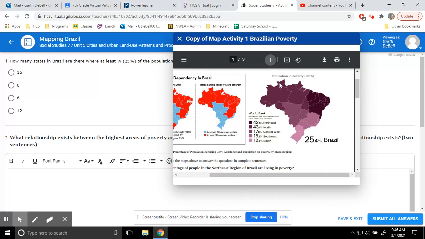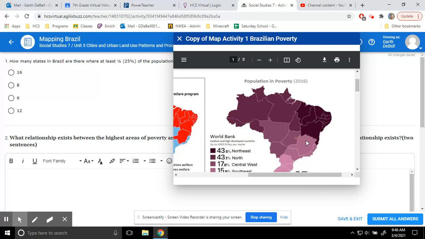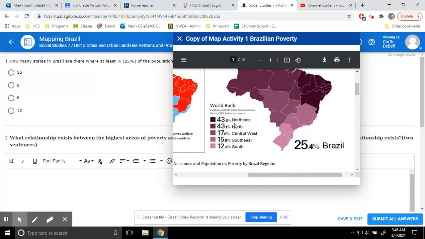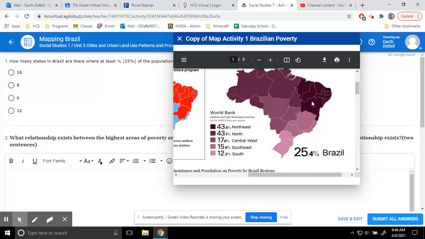And then here you have population in poverty, 2016. So you have the percent. Let me zoom in on this so we can read it. So this is your percentage of people in poverty, right? The darker color here is 43.5%.